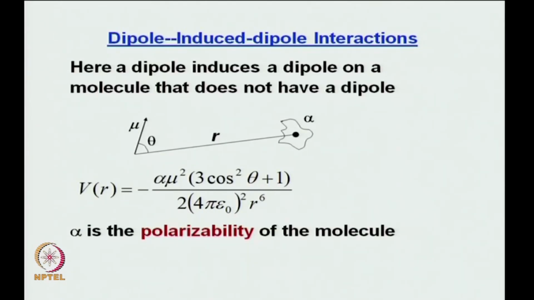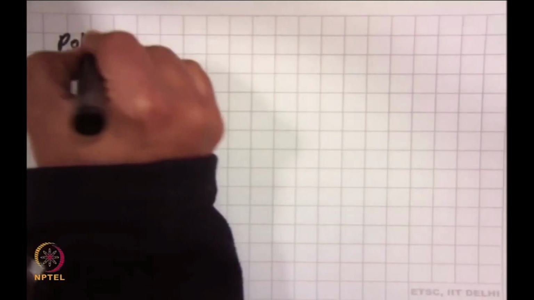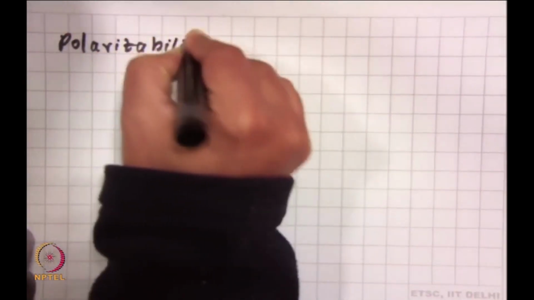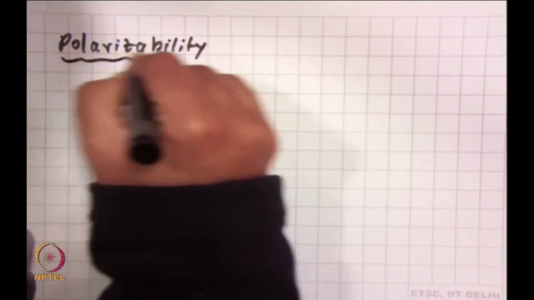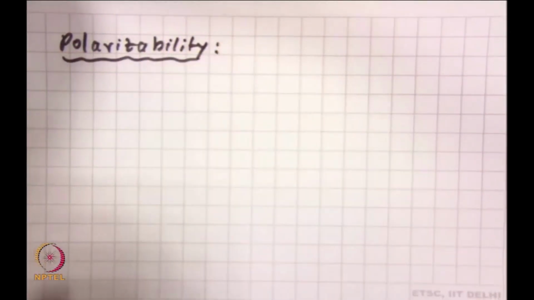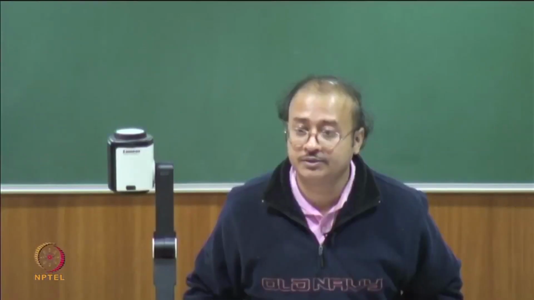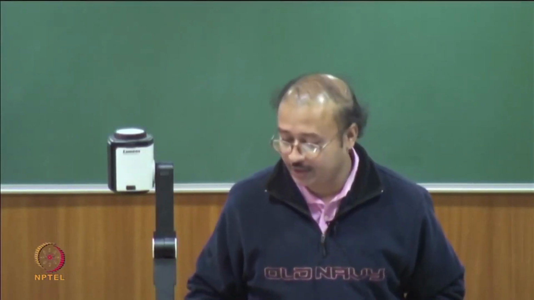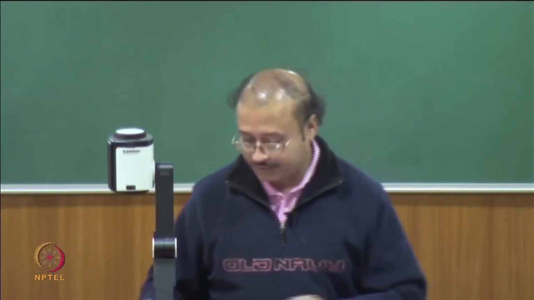When we talk about polarizability, what do we actually mean? Can anyone say? I mean, just a very brief definition of polarizability. Distortion of the charge, right. Well, precisely that is what it is.